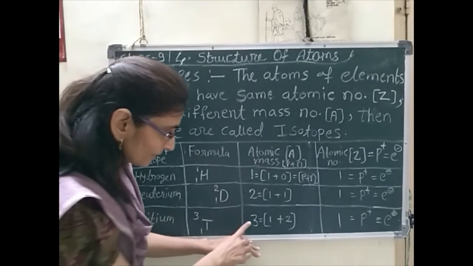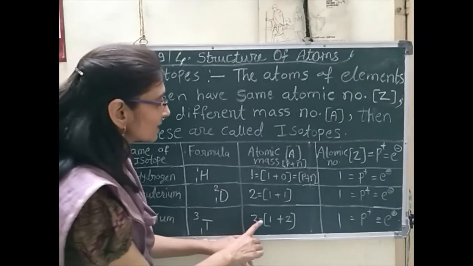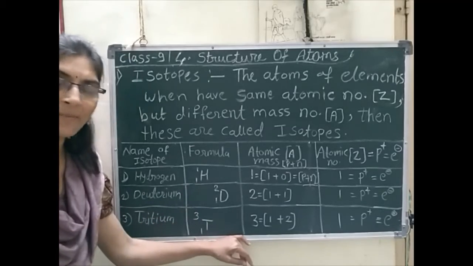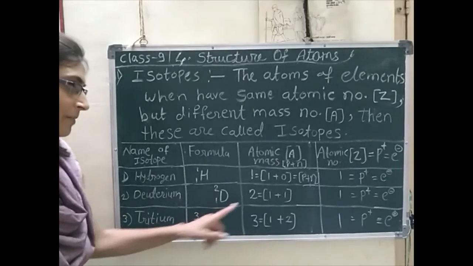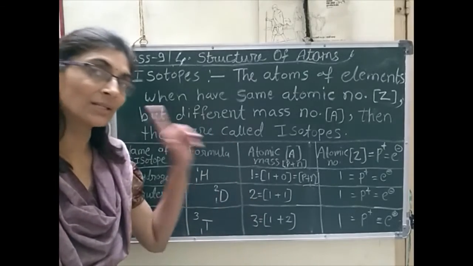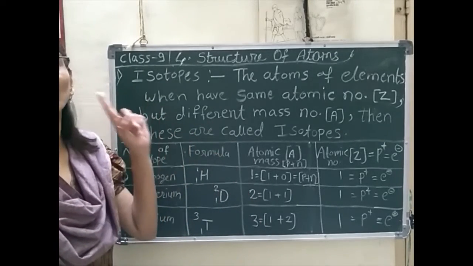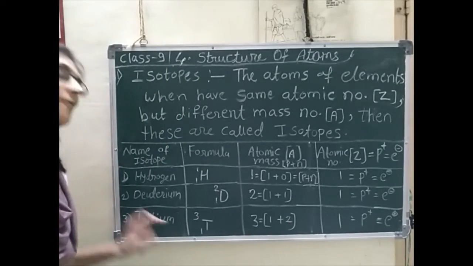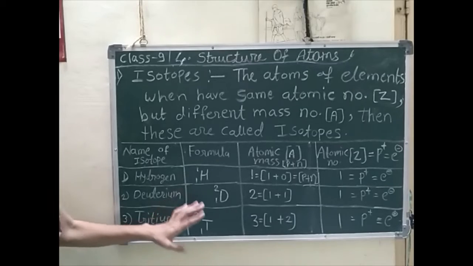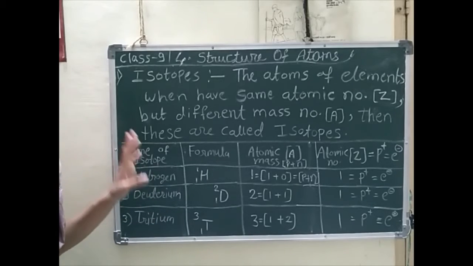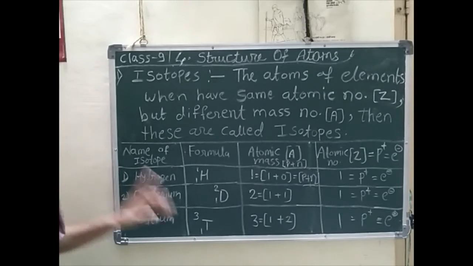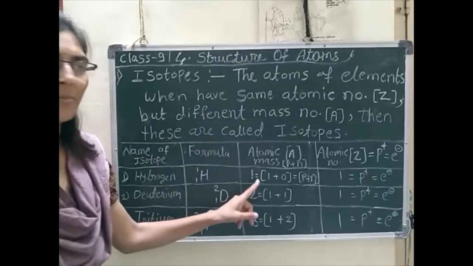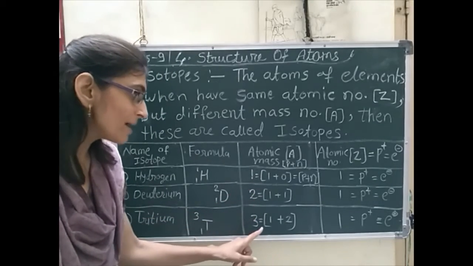The number of protons is fixed, because atomic number is the same, that is 1. But along with that one proton, 2 neutrons are present in the nucleus of tritium. First is deuterium, second is tritium. So this is the atomic mass of hydrogen, deuterium and tritium.